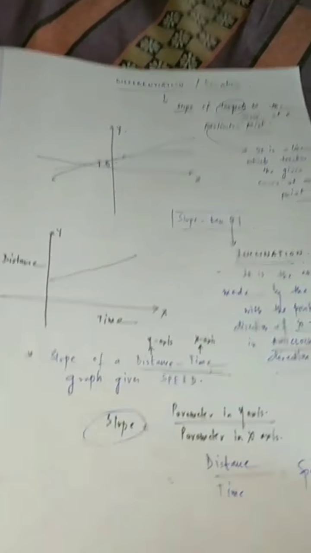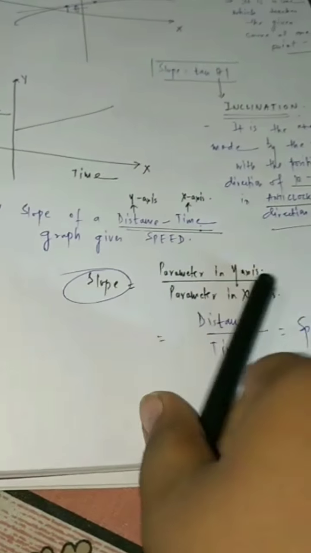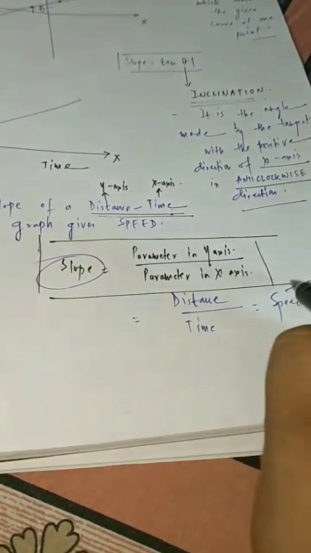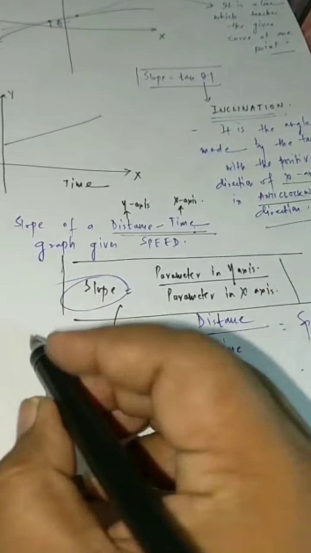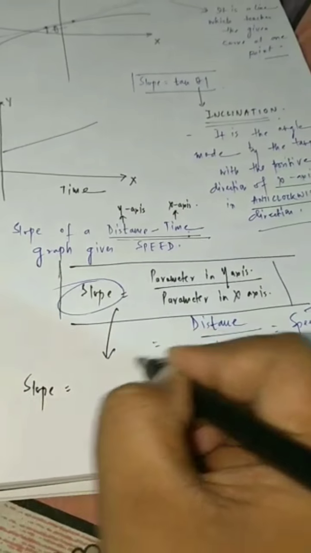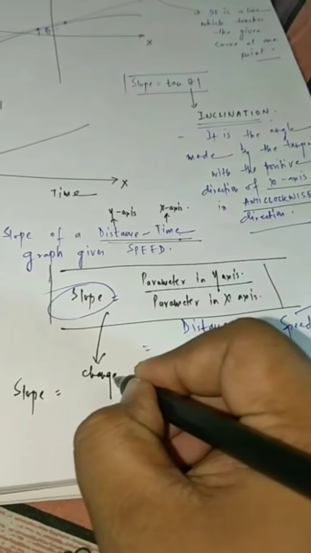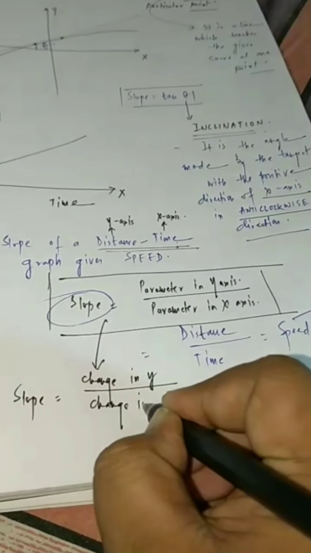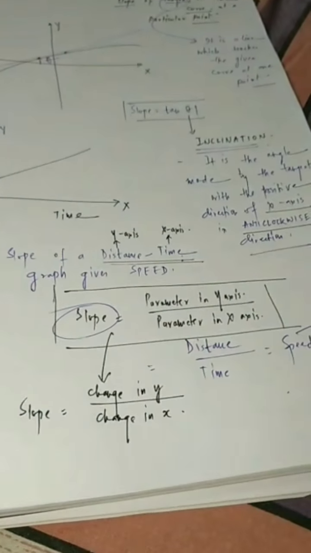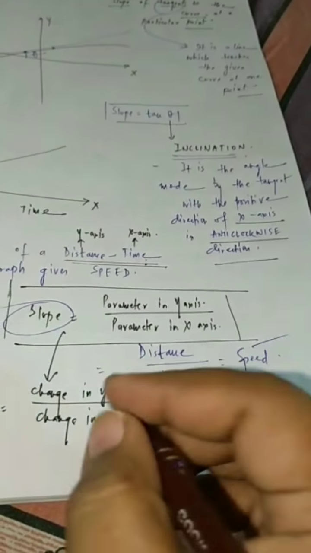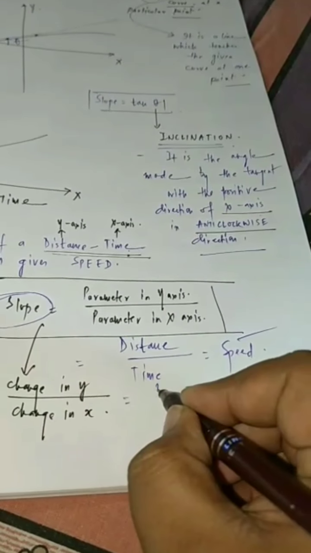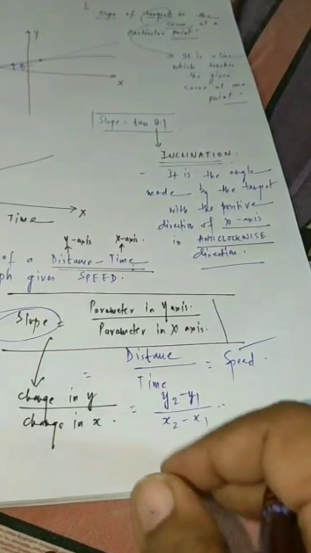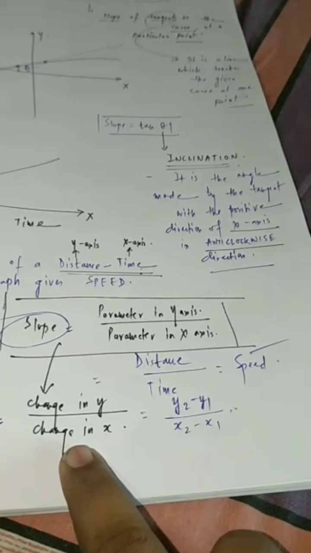If we bring this definition and modify it a little bit, you can write slope is equal to change in y upon change in x. This you can recall from ICSE class 10. In the class 10 syllabus of ICSE, we have already done that slope is equal to (y2 minus y1) upon (x2 minus x1). That is what I have written here, change in y upon change in x.